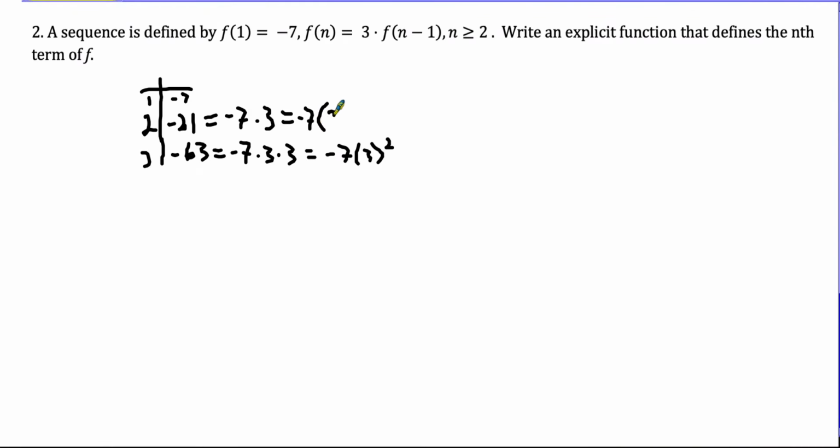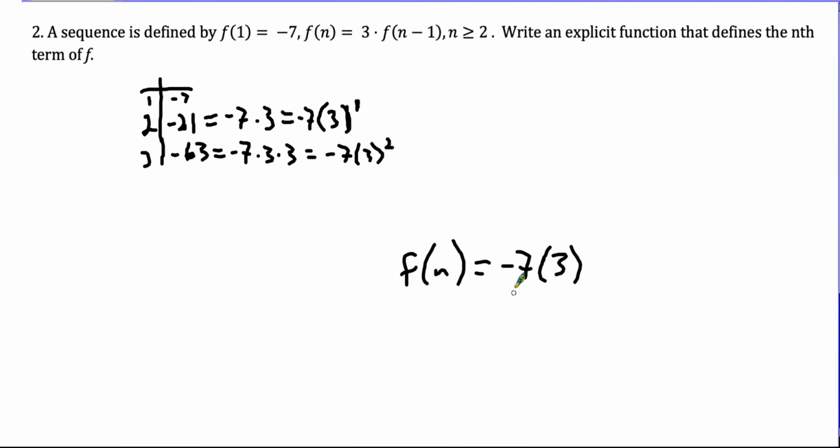Times 3 to the first power. This one I could even write as -7 times 3 to the 0 power. So this pattern then, to write my explicit definition, the things that aren't changing here are the -7 and the 3. So whenever we have a geometric sequence, meaning I'm multiplying each time, these two parts are going to remain the same.